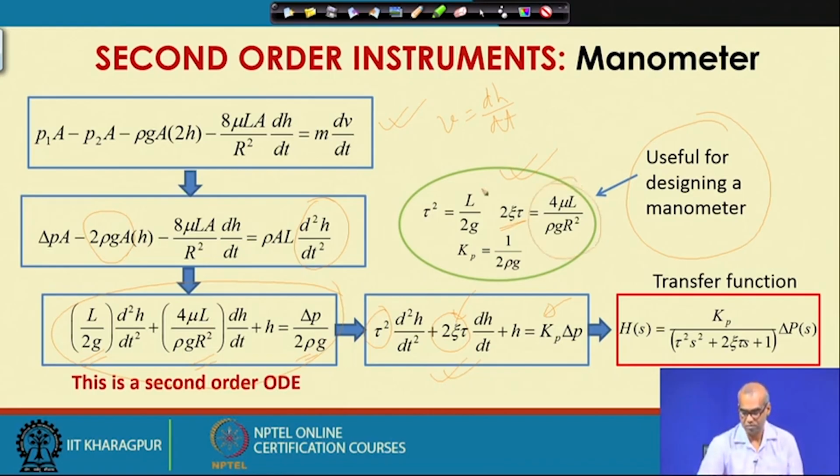The transfer function can be written by taking Laplace transformation of this. Again, output by input is equal to k by tau squared s squared plus 2 zeta tau s plus 1. Note here, k is not 1 because your output is a measure of length, but input is pressure difference. So, they are different signals. So, k cannot be 1.